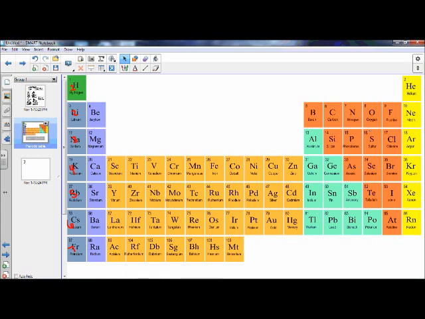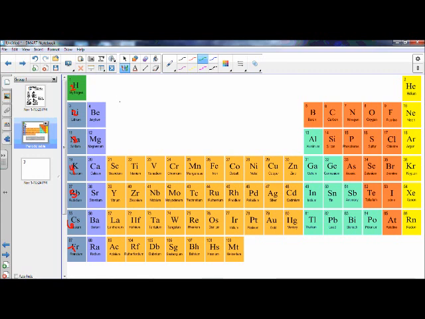Now the d orbitals, there are 5 of them, each can hold 2 electrons for a total of 10. And look here in this middle section: 1, 2, 3, 4, 5, 6, 7, 8, 9, 10. So the periodic table can be divided into major sections, and each of these sections corresponds to a certain type of orbital.